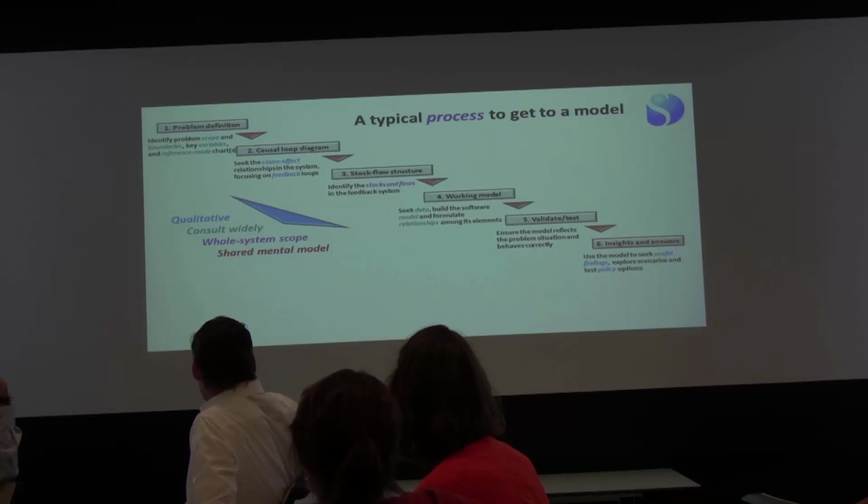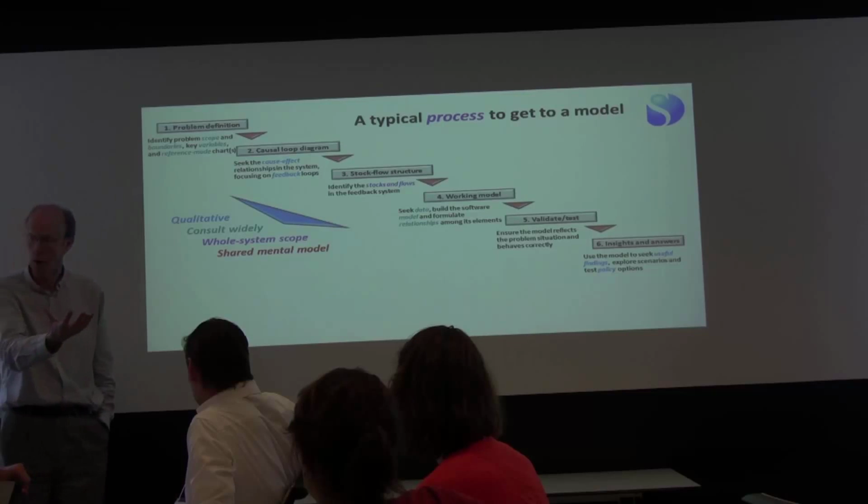That process is largely qualitative. You consult widely, you try to scope the whole of the system, and your aim is to end up with a shared mental model that everyone has agreed with.